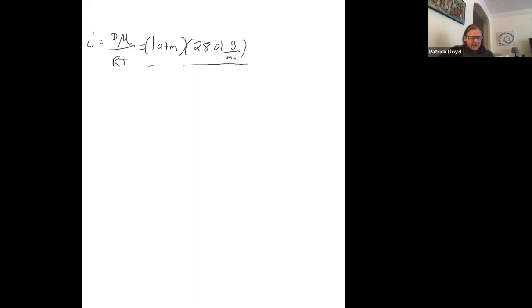Divide that by R. Now, R has a lot of significant digits: 0.082057338, I think, and then liter atmosphere. Sometimes I write atmosphere liters, it doesn't matter. 2 times 3 is the same as 3 times 2. And then mole Kelvin. In multiplication, units commute, right?